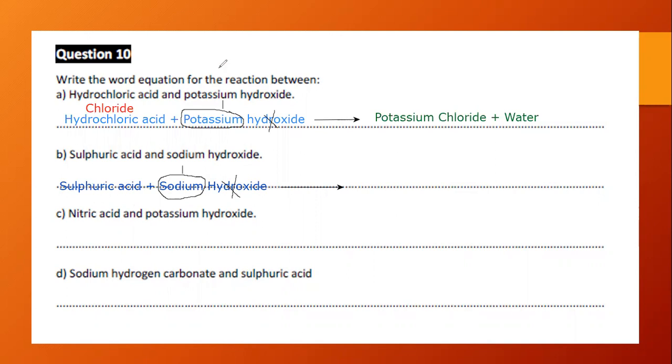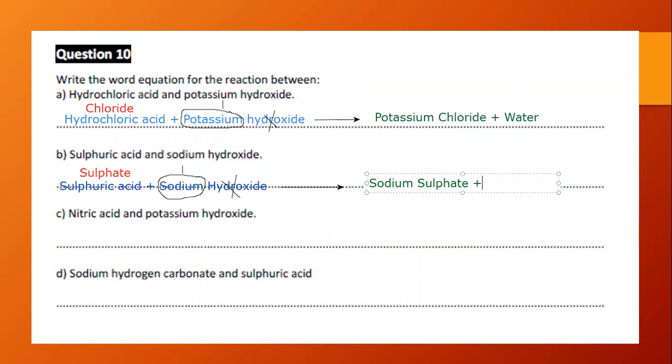So the second part of my salt will be sulfate. How did I know this? By memorizing the table that I just showed you in the previous slide. Okay, so this means that my salt will be called sodium sulfate.